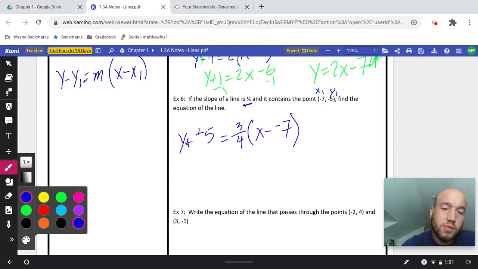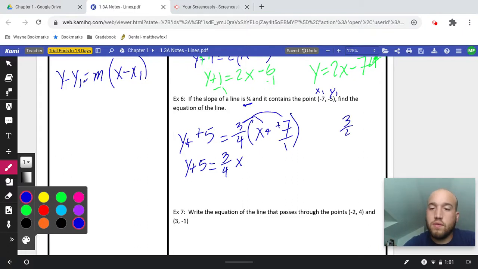So plus, we get y plus 5. Then here, we'll distribute this in, and we'll have 3/4 x. Then that becomes plus. 7 is the same as 7 over 1. So then it's essentially 3/4 times 7 over 1. We multiply across the top and across the bottom, and we get 3/4 x plus 21 over 4.